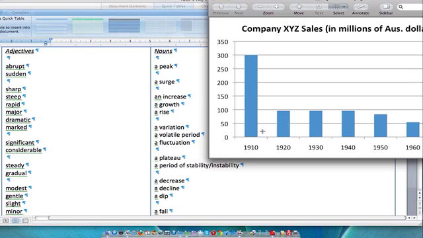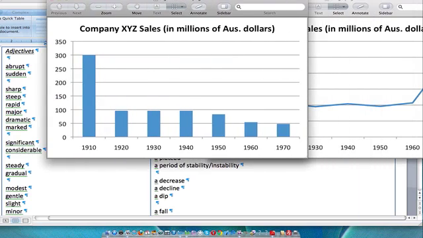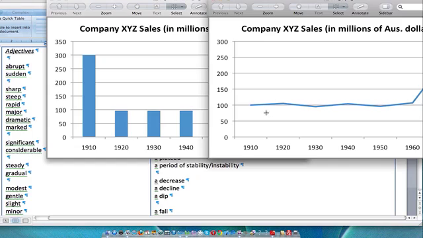But a period of stability, we could describe perhaps this area of our graph here as a period of stability because the values are more or less the same. A period of instability would be when things are fluctuating wildly, so going up and going down. That would be instability.